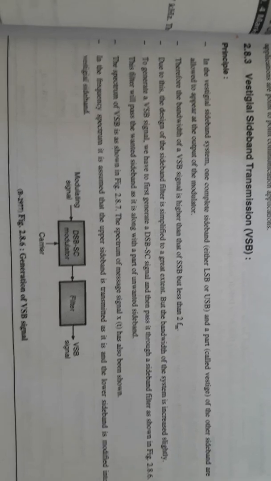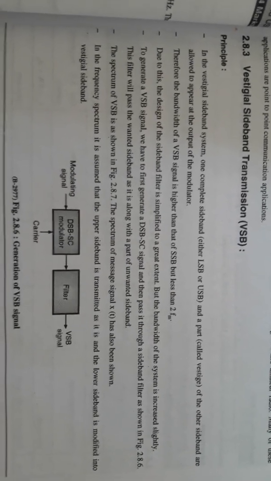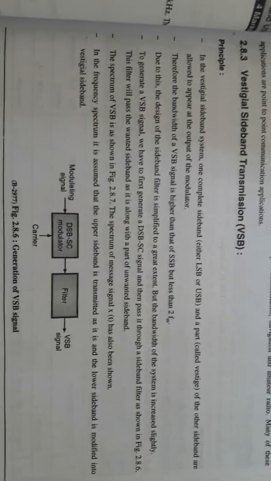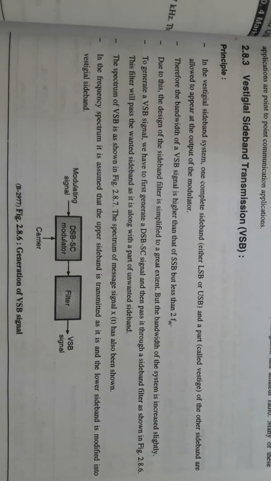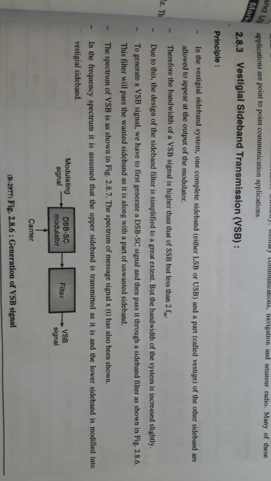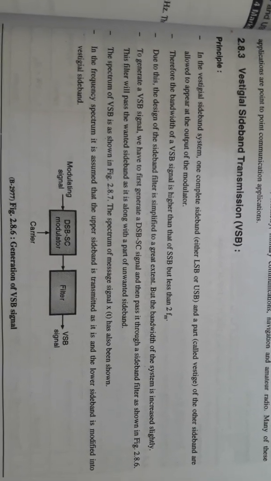If we want to pass a specific band of frequencies, then a specific start frequency and end frequency are designed, which are called the cutoff frequencies. Frequencies within that band are passed and other frequencies are rejected. So it is called a band pass filter.